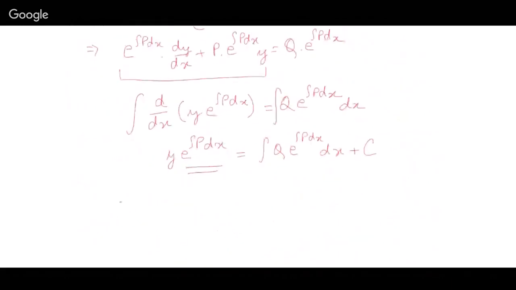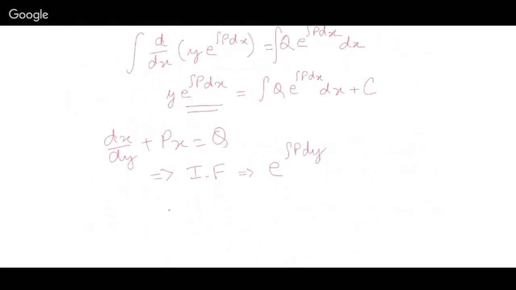Similarly, for the differential equation dx by dy plus px is equal to q, we will have the integrating factor to be equal to e to the power of integral p dy, and the general solution of this will be x e to the power of integral p dy is equal to integration of q e to the power of integral p dy plus c.